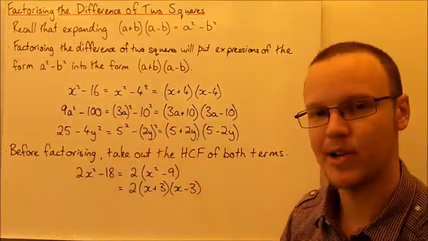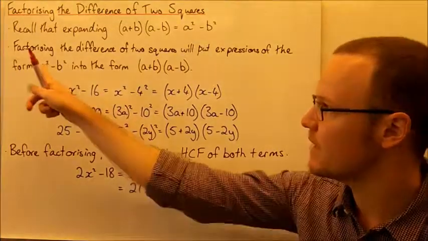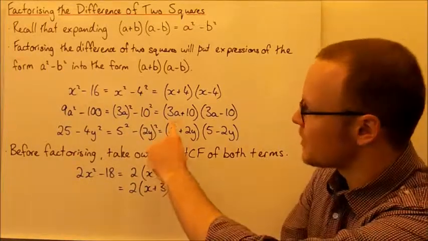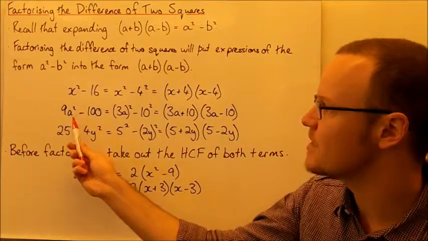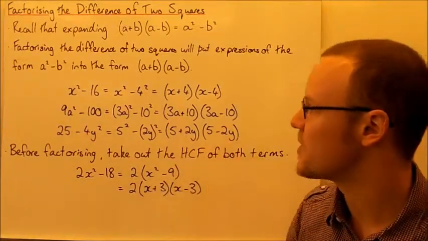And then minus 100 is 10 squared. So here a is going to be 3a, and b is 10. So it's going to be 3a plus 10 times 3a minus 10. That's this expression factorised.